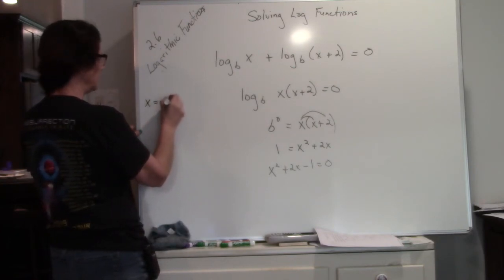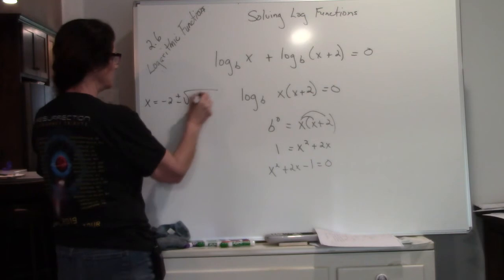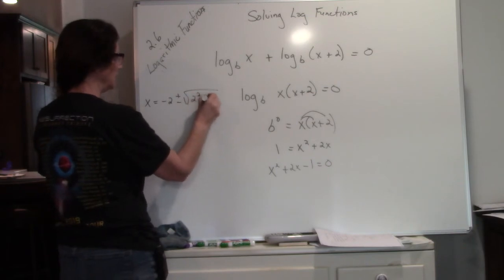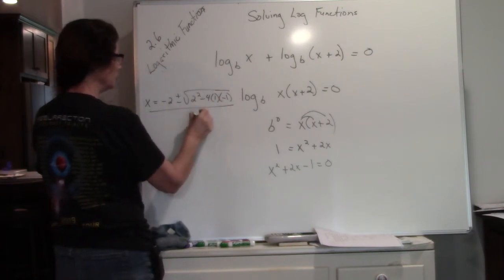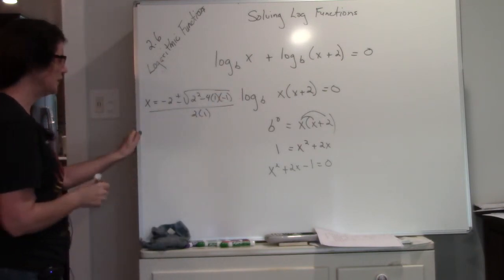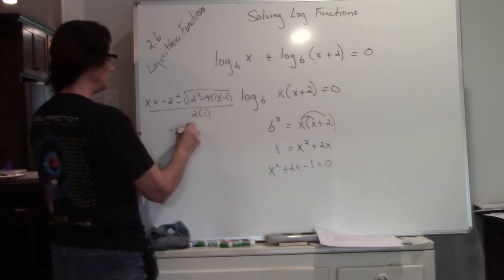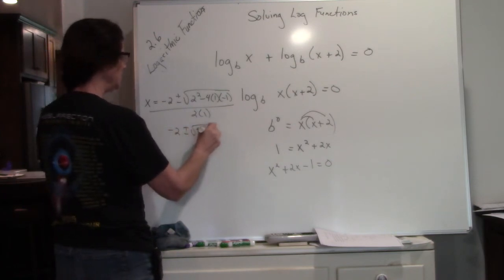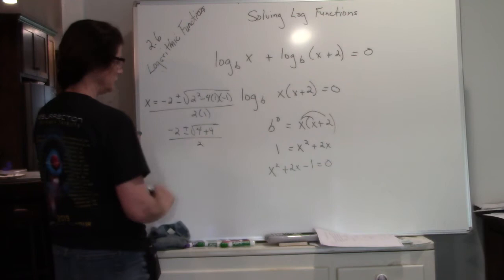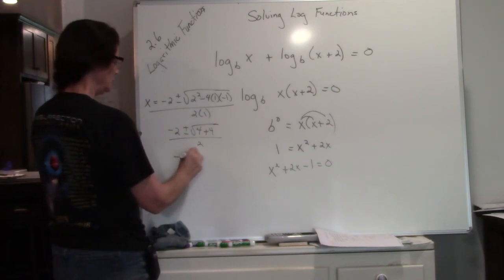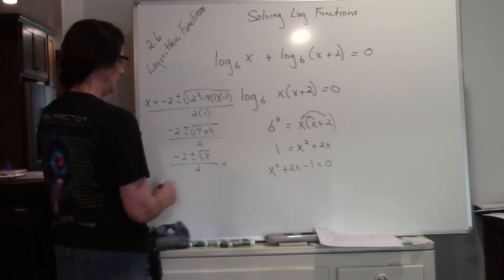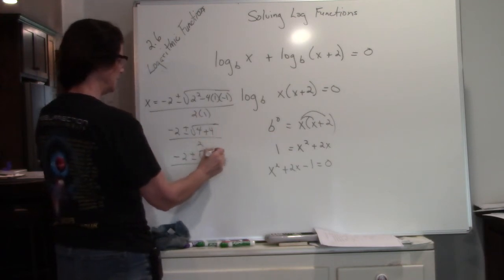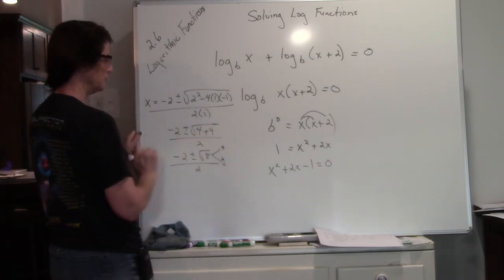So x equals negative b plus or minus the square root of b squared minus 4 times a times c, all over 2 times a. And now I just simplify it. Negative 2 plus or minus the square root of 4 plus 4, all over 2. So I get negative 2 plus or minus the square root of 8 over 2. To simplify this, I have a 4 times a 2. 4 is a perfect square.